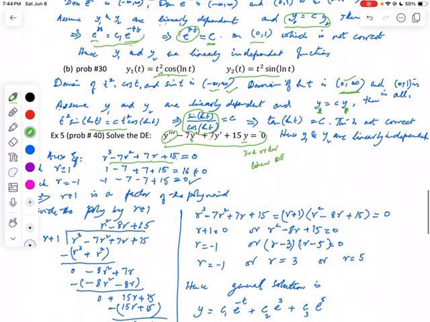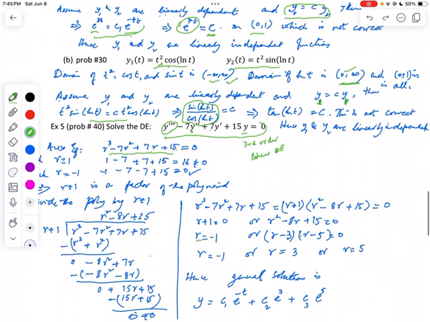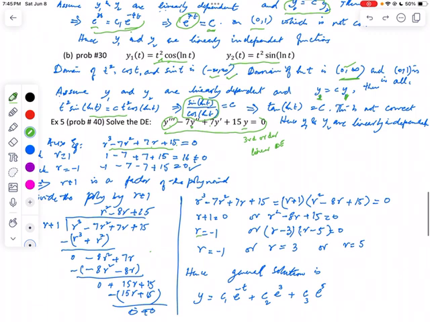So r is equal to negative 1, or 3, or 5. Now we write our solution: because we have 3 values of r, the linear combination will require 3 unknowns, c1, c2, c3. So I write my solution like this.